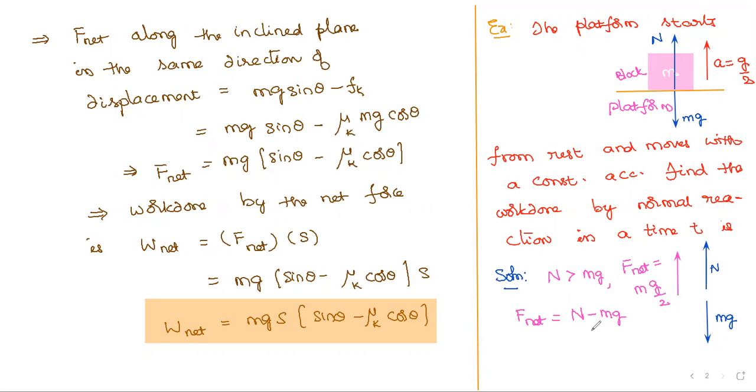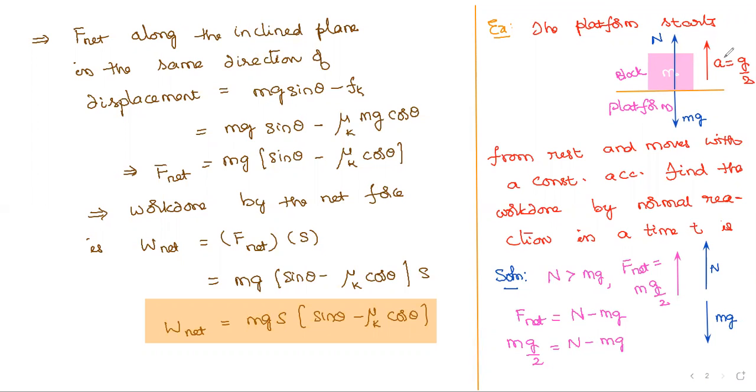I think you understand this point. So F net is m into a, that is mg by 2, equals N minus mg. Observe here, I am not getting N equals mg when it is accelerating. When is N equal to mg?